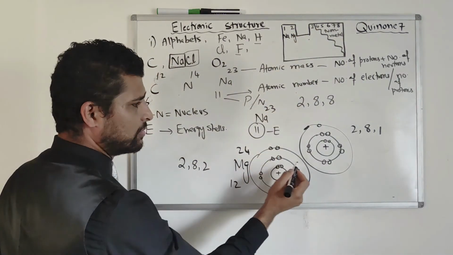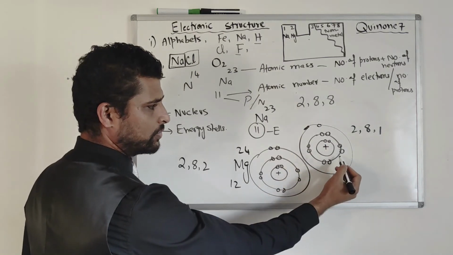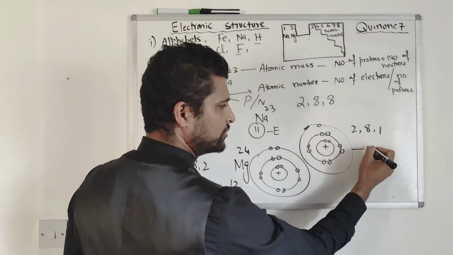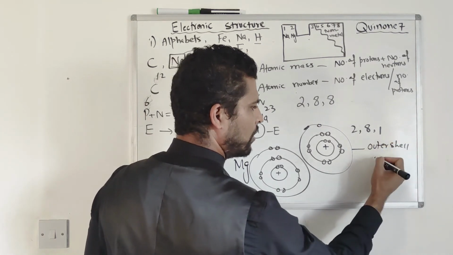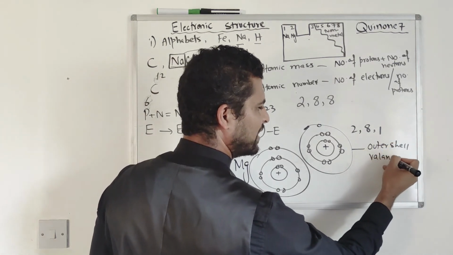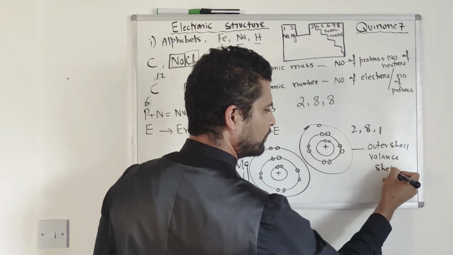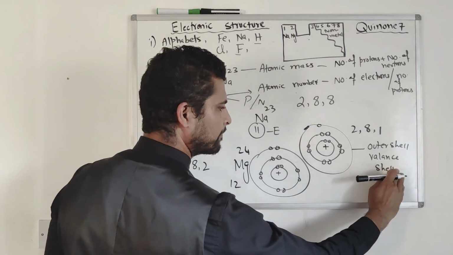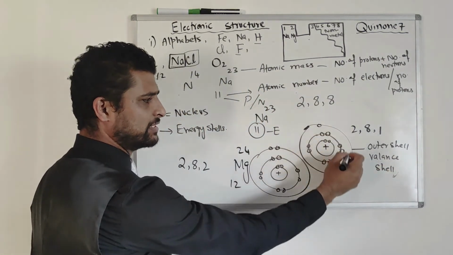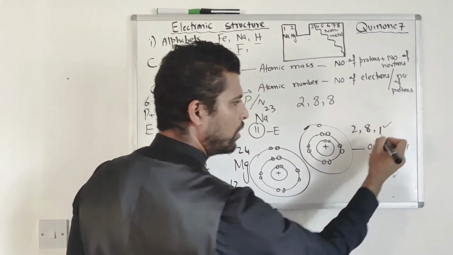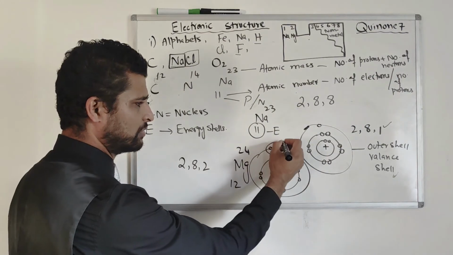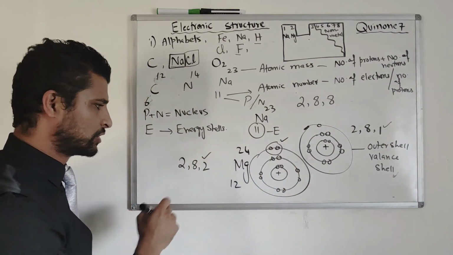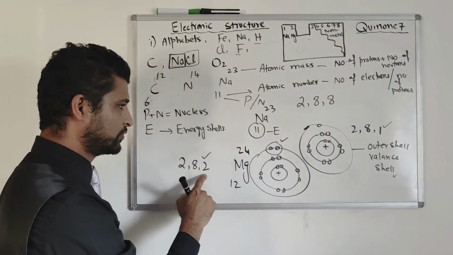Now if I look at the structure, you will see this last shell is called the outer shell, or it is also called the valence shell. Sodium has 1 electron in the outer shell, magnesium has 2 electrons in the outer shell. So the last shell has 1 electron and 2 electrons.